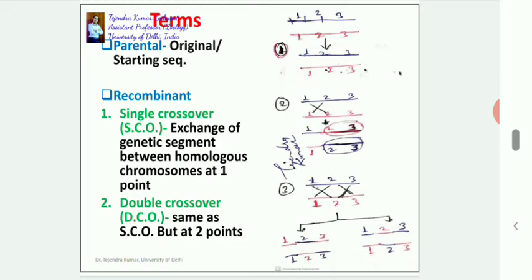Whenever they exchange genetic material at 2 points, it is called a double crossover. It might be of 2 types: after the crossing over, the red color may shift upside, or the blue color may shift to the lower side, or vice versa.